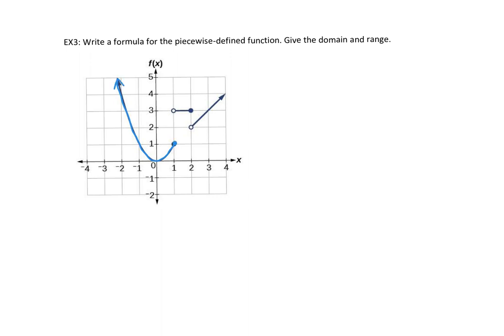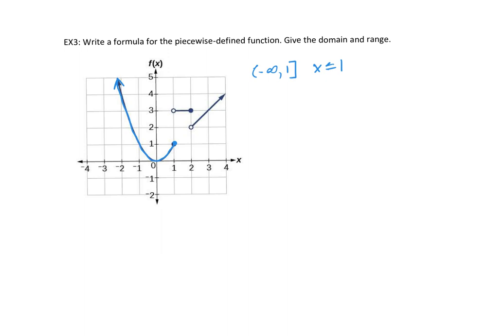So I can see that that would be parentheses negative infinity to 1, and I include 1. So I'm going to translate that to my inequality. That would be all x's that are less than or equal to 1.